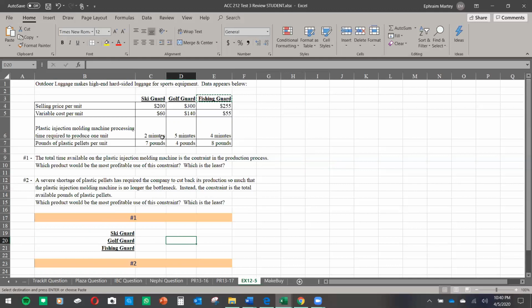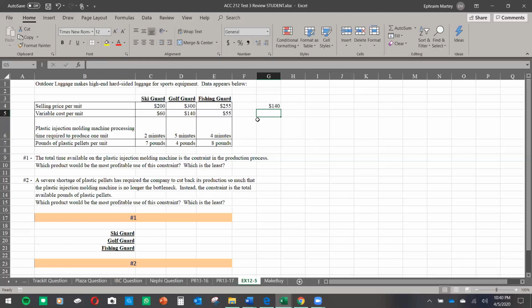So what we will do is find the profit first, and then divide by the minutes it is going to cost. For this one we have 200 minus the variable cost, so our contribution margin is 140, but it will take us 2 minutes to make a profit of 140.